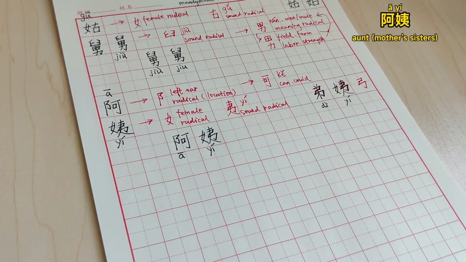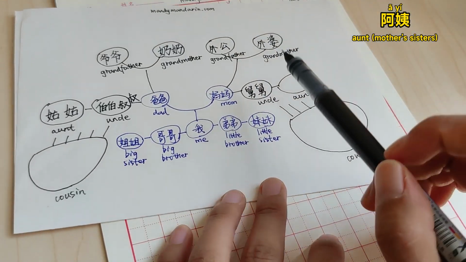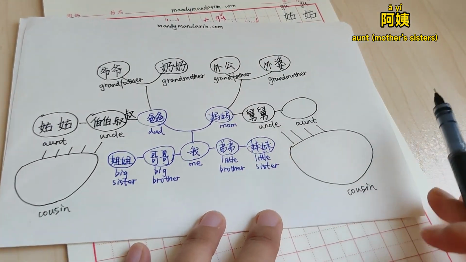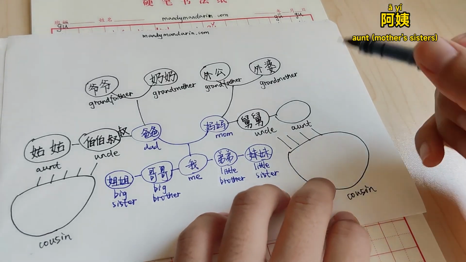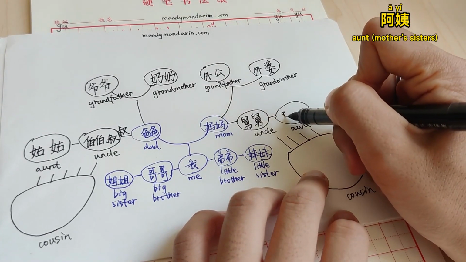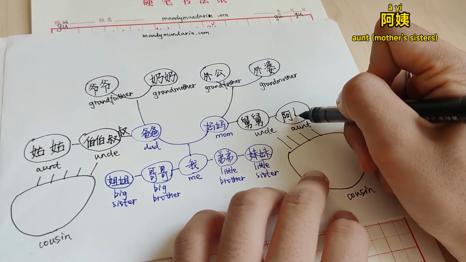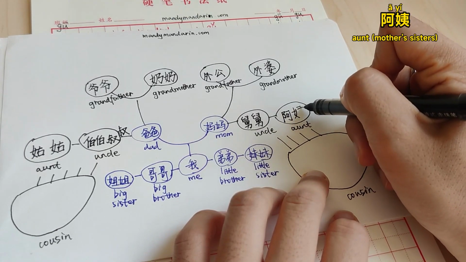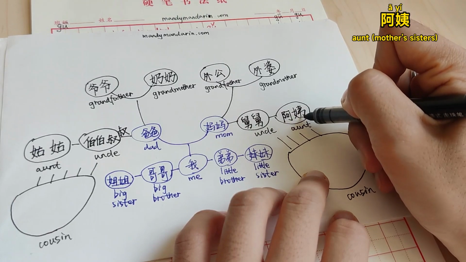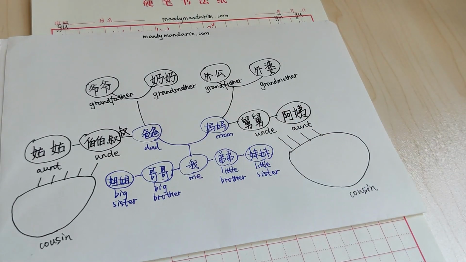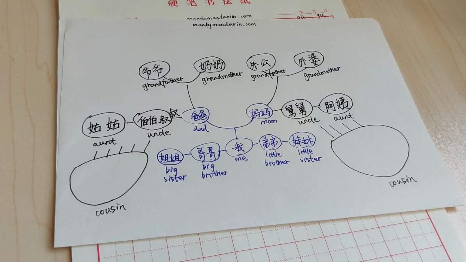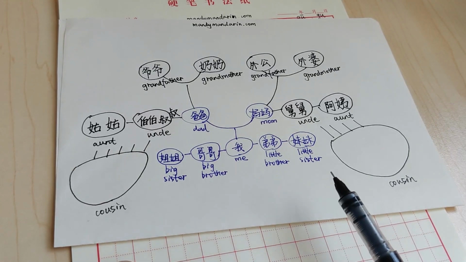Okay, so now let's take the words 阿姨 and fill in the family tree right here. Very good. Okay, now we're heading to the cousin.